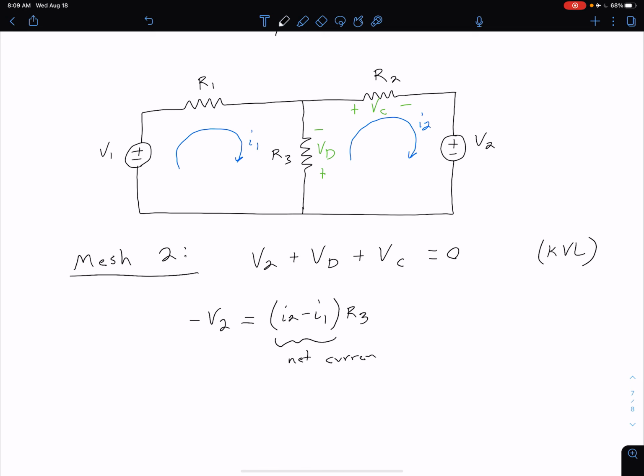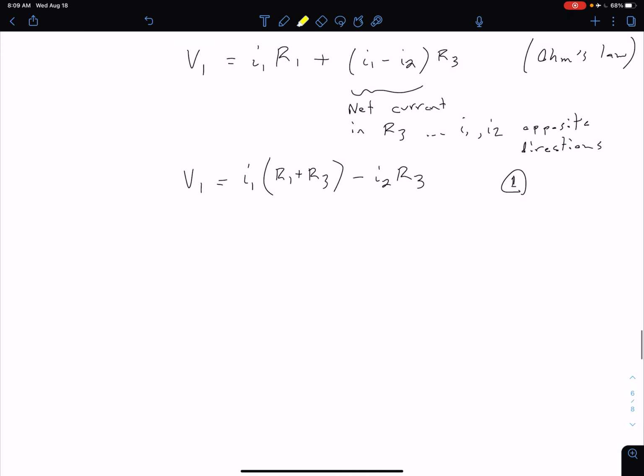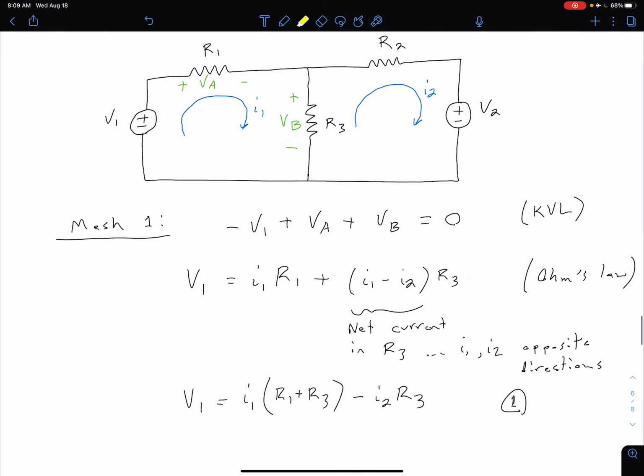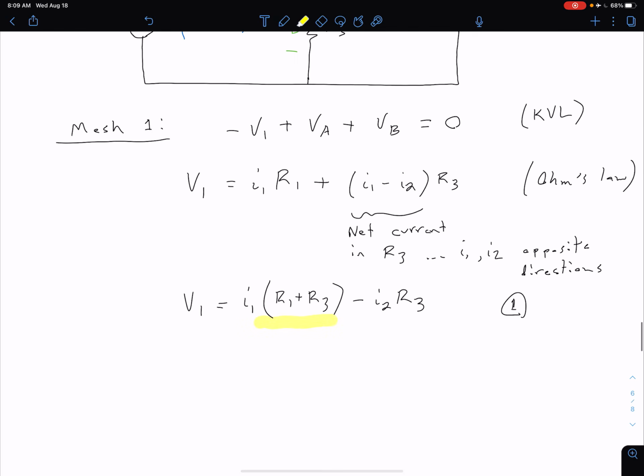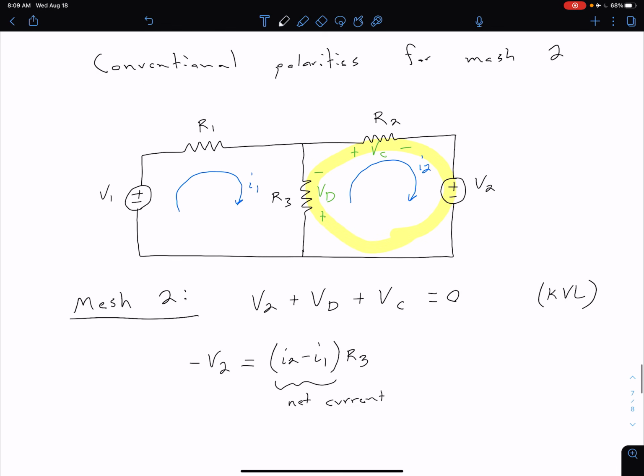An easy way to double check yourself is if we're writing an equation in mesh 2 and we've defined everything based on the conventions, our I2 term should always be positive. Similarly up here, if we're talking about mesh 1 and everything's defined based on the convention, all of our I1 terms should be positive. So that's a quick way to double check yourself.